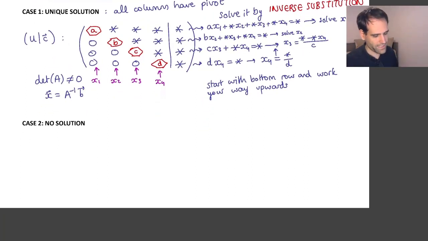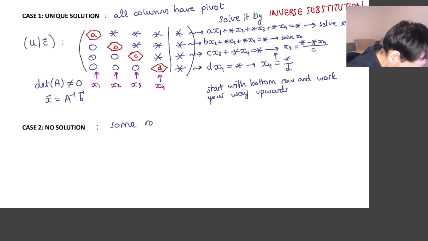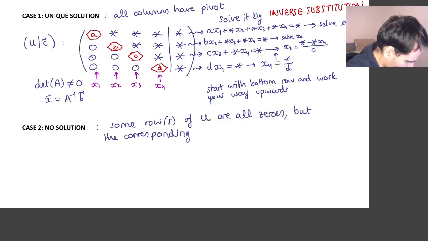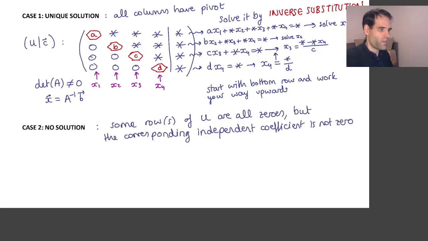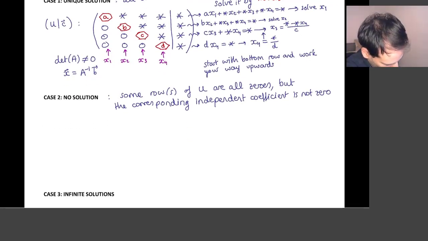Case number 2. There is no solution. When does this happen? This happens when some rows of U are all 0, but the corresponding independent coefficient is not 0. How would this look like?